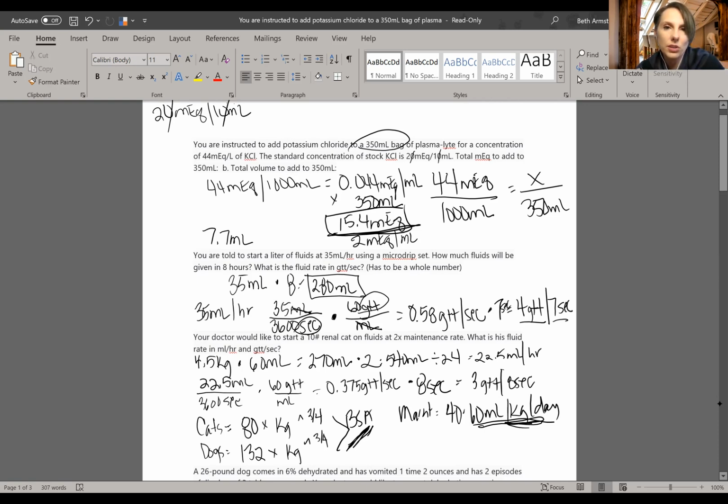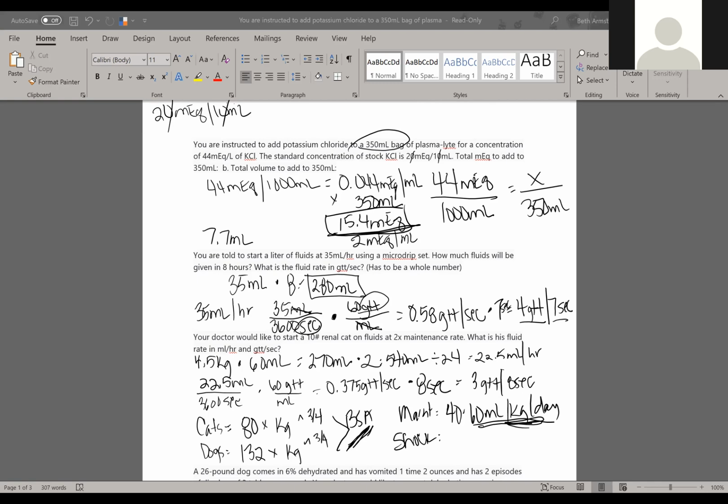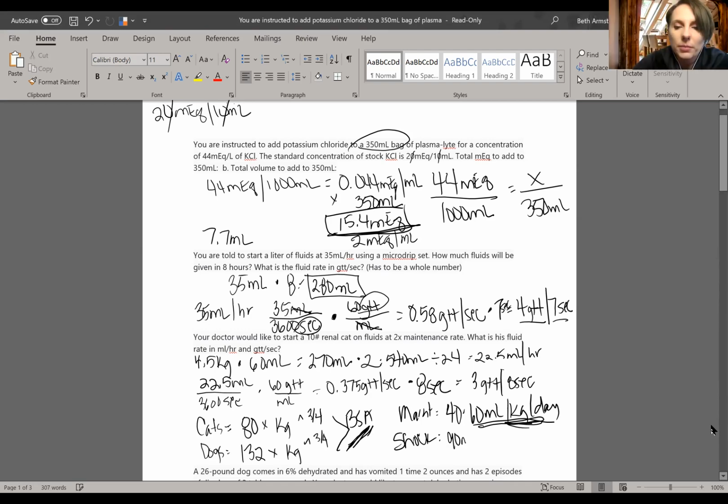And then we've always used our shock doses as well, which, do you guys know shock? 90 mLs per kg for a dog. Cat would be 50 to 55 mLs per kg for cat. The reason for this is because this is their blood volume.